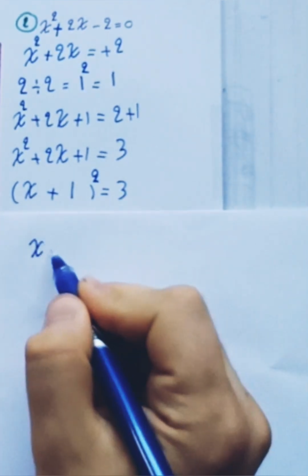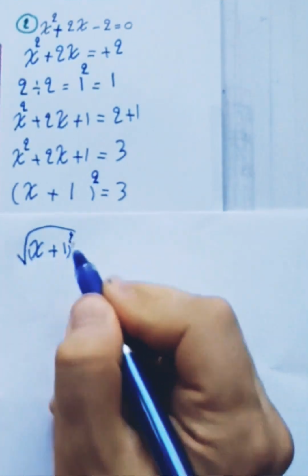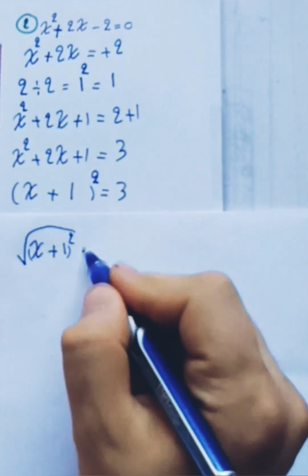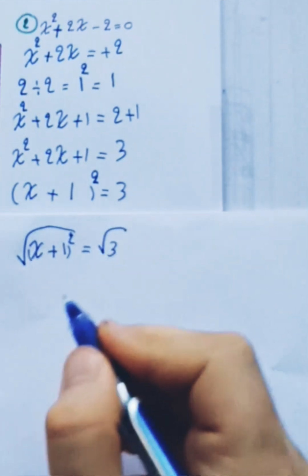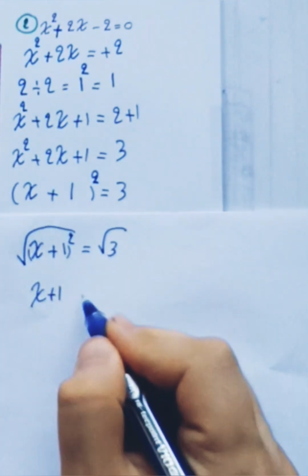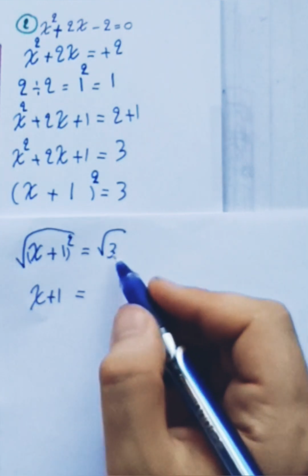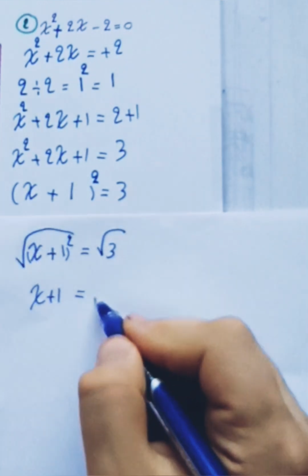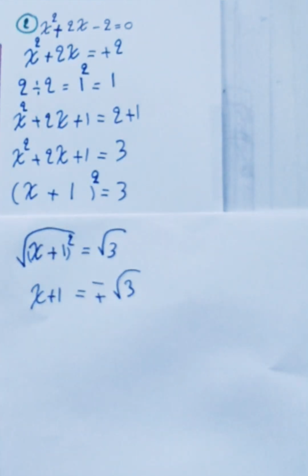So you have x plus 1, the square root of x plus 1 squared equal to the square root of 3. The square root of x plus 1 squared equal to x plus 1. The square root of 3 is not a perfect square, so it equals positive or negative the square root of 3.